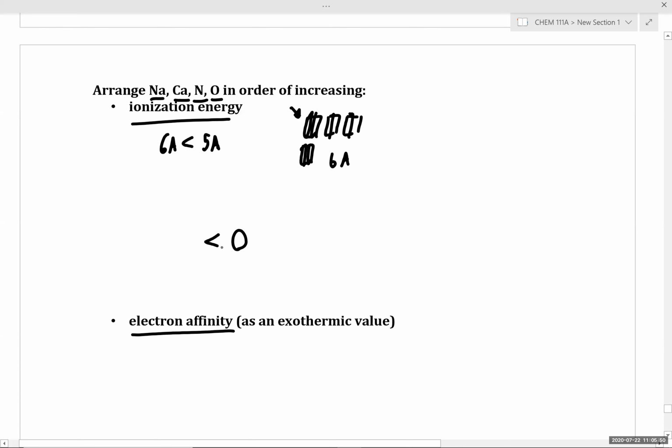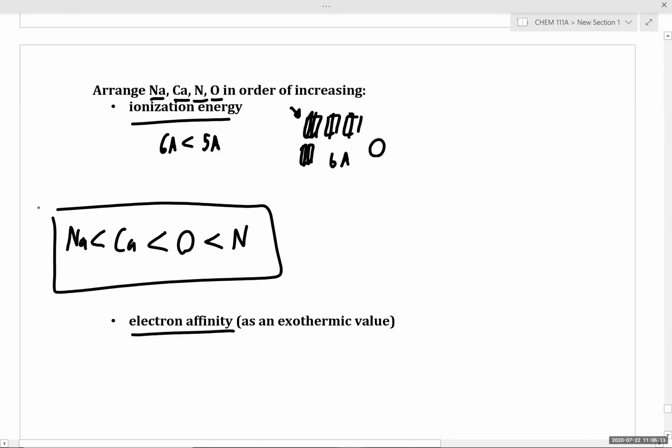So we have nitrogen greater than oxygen because oxygen is easier to ionize. And then calcium is greater than sodium, as ionization energy in general increases as you move to the right across the periodic table, with a few exceptions. Okay, so here's our first ranking.